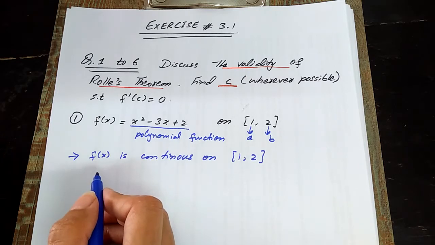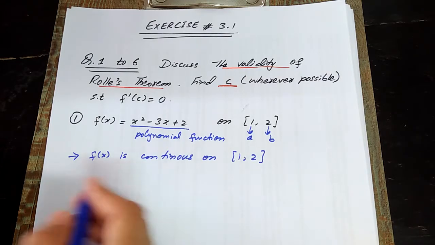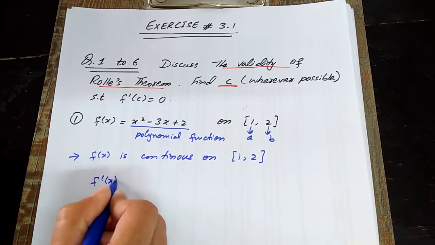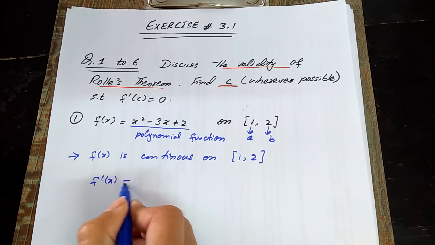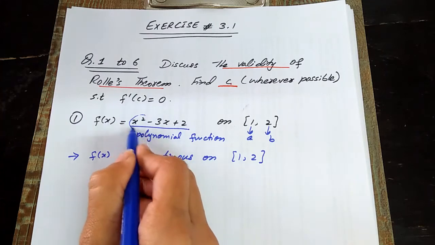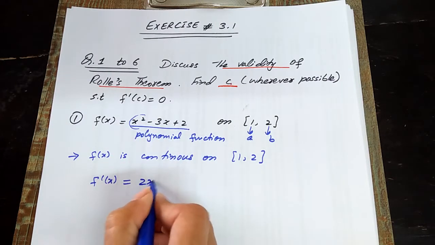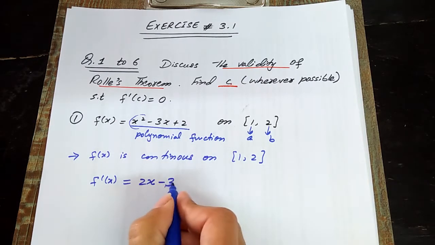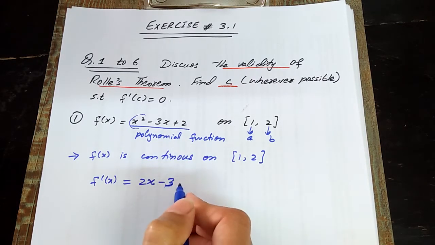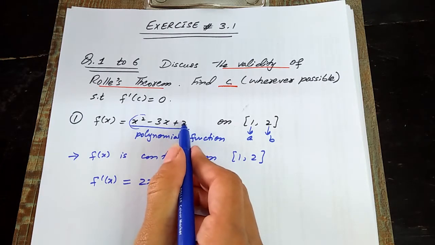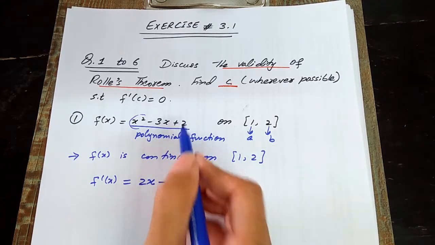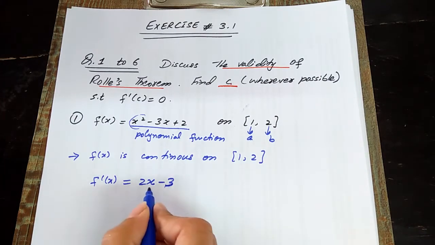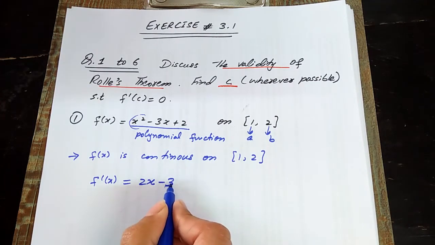Now we have to calculate its derivative. For the second one, calculate f dash of x. We will use the power rule here, so it becomes 2x, then minus 3, since the derivative of x is 1. Plus 2, and the derivative of a constant is 0, so it remains plus 0. So we get the derivative equal to 2x minus 3.